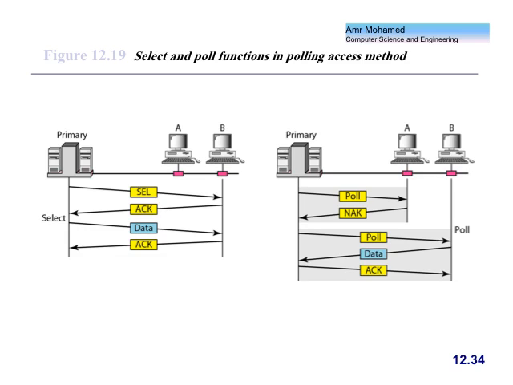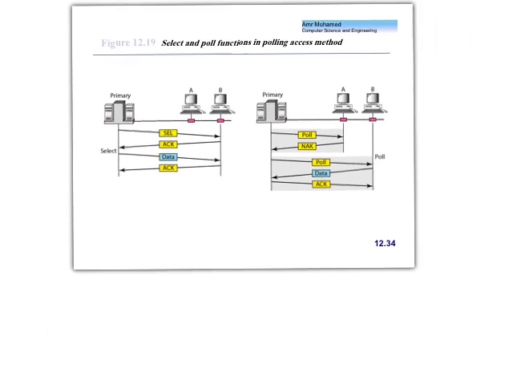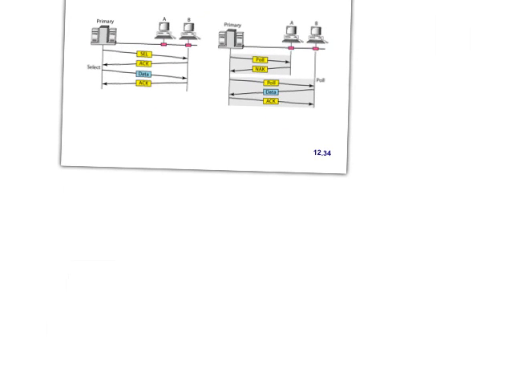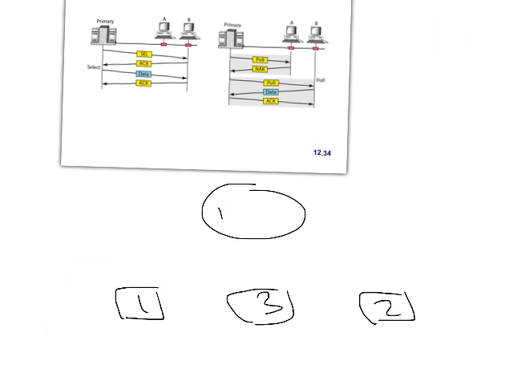What does that mean? This means that if we are in a network, let's say this is station 1, this is station 2, this is station 3, okay? And we have the primary node here. So station 1 wants to send data to, let's say, station 2. Okay? It cannot send this data right away to station 2.